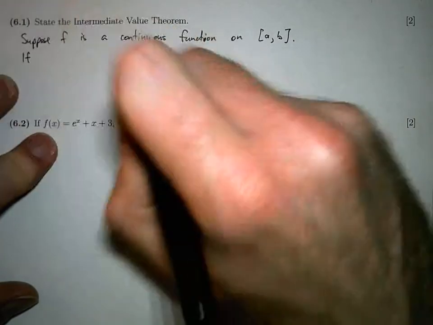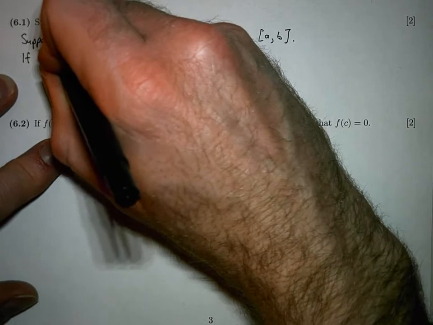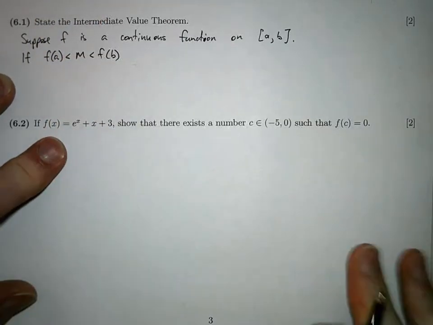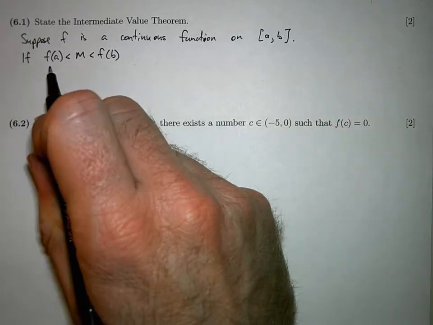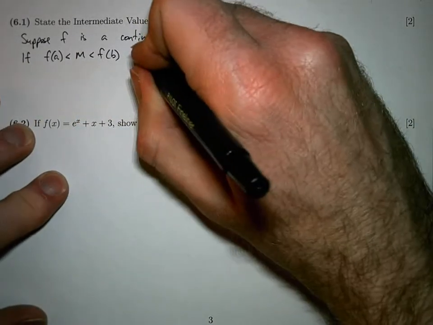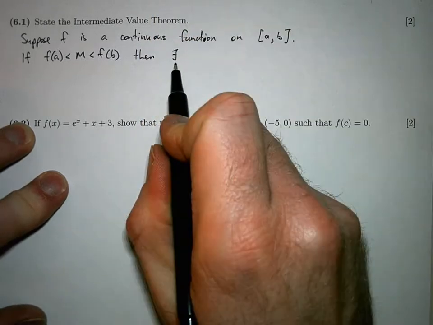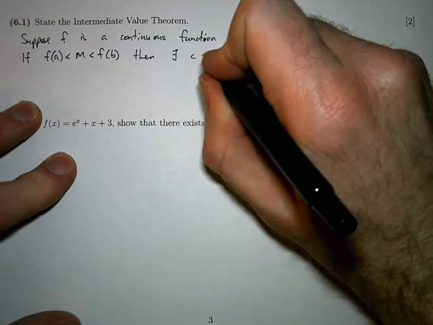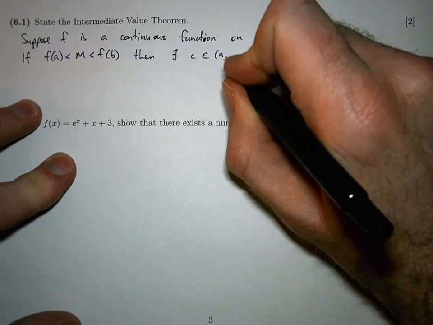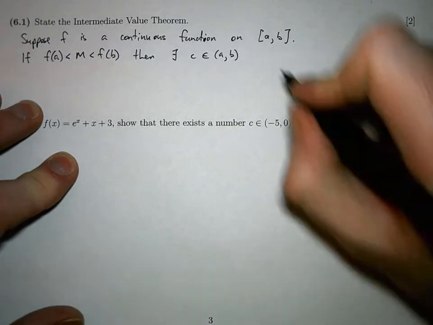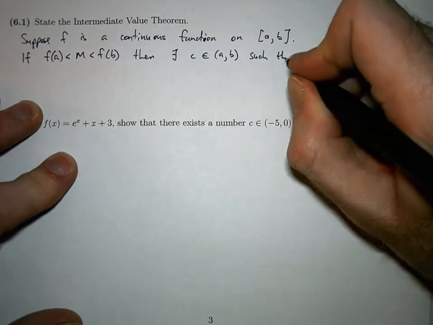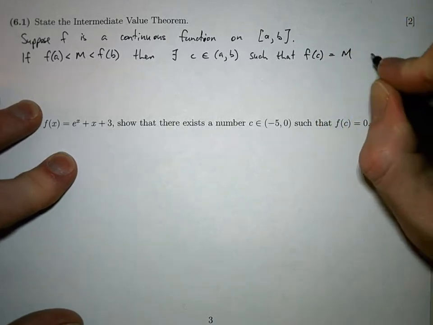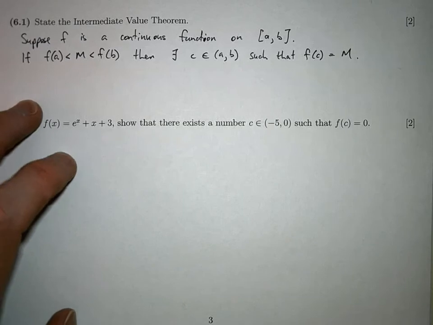Then if you've got some number m that sits between f of a and f of b, then there exists, oh, there's a nice little use of the exists from logic, then there exists c, an element of the open interval (a, b), such that f of c is equal to m.